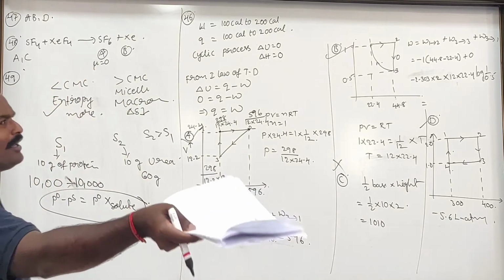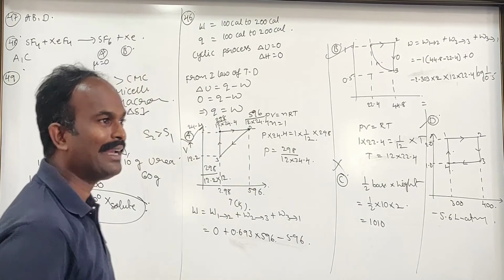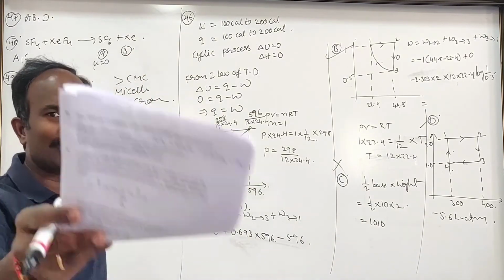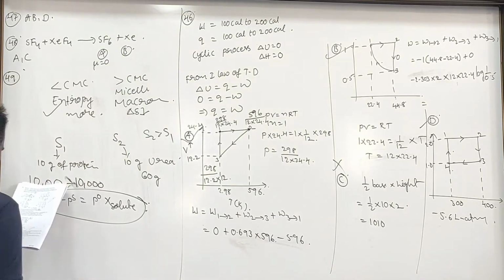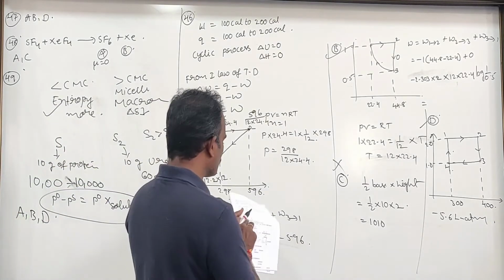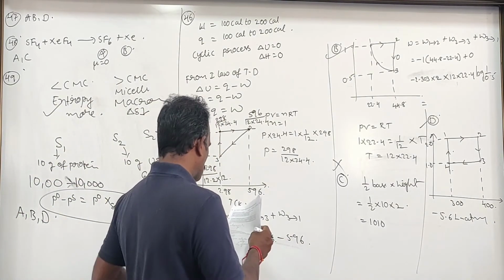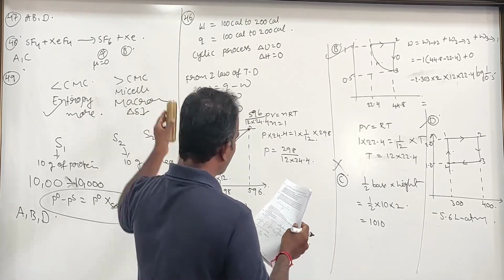Whenever the colloidal coagulation takes place, ions are going to be coagulated. When ions are coagulated, randomness will be decreased, such that entropy will decrease. So A, B as well as D options are going to be the true options.